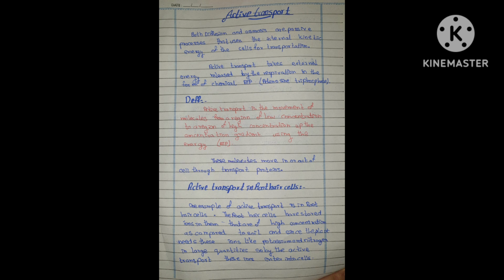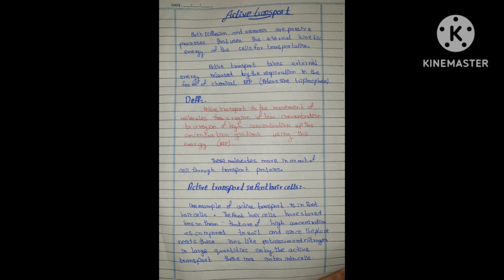The definition of active transport is that active transport is the movement of molecules from a region of low concentration to a region of high concentration, up the concentration gradient, using energy from ATP. We can also say it is the movement of molecules from a region of low concentration to a region of high concentration against the concentration gradient.